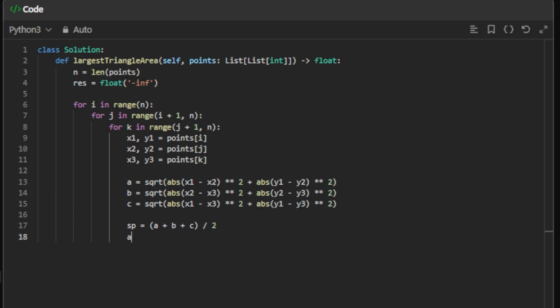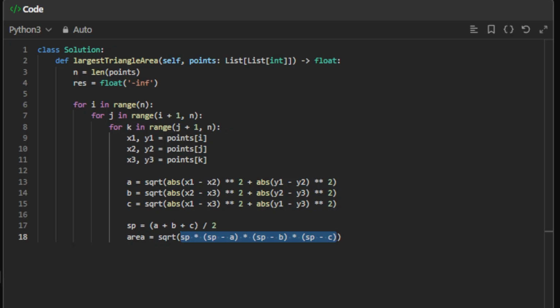And now we can get the area, which is the formula from a few minutes ago, square root of SP times SP minus A times SP minus B times SP minus C. It might be a case that this is a negative value, and if we try to do the square root of a negative value, this will throw an error.